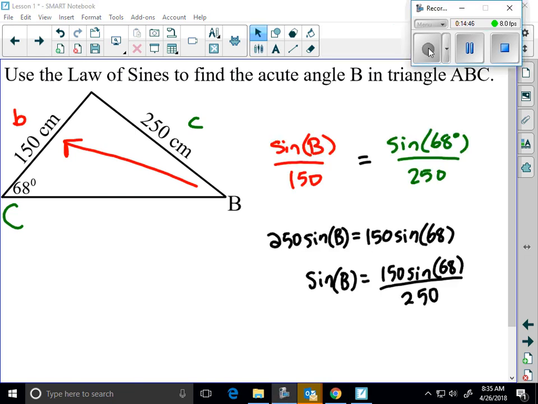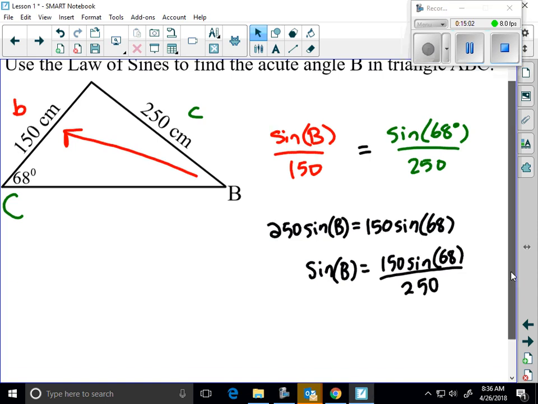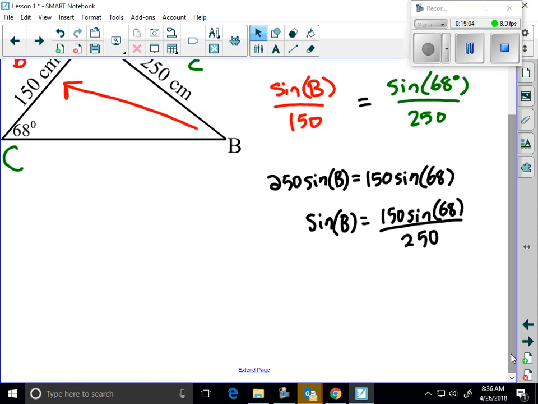Okay, for the children on the World Wide Web, I set this up. I said sine of B over 150 equals sine of 68 over 250. I cross multiply. I get 250 times the sine of B equals 150 times the sine of 68. I divide by 250 and I get down to here. How did we find an angle before? Inverse.